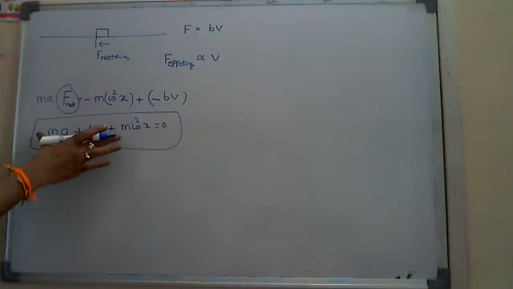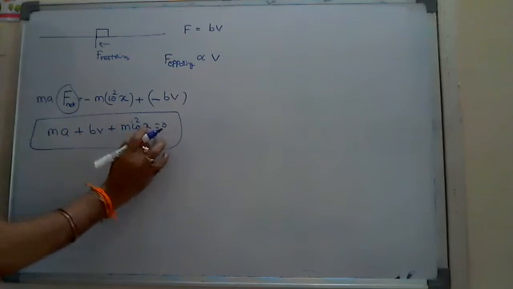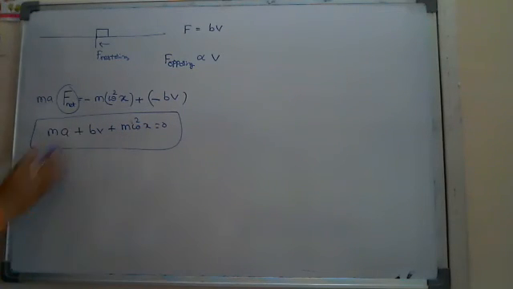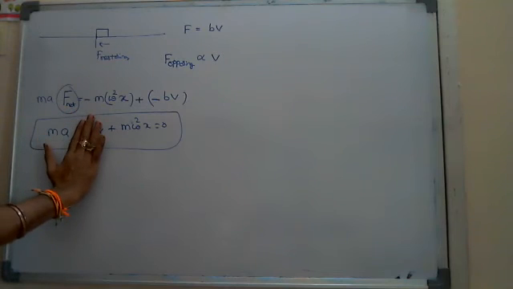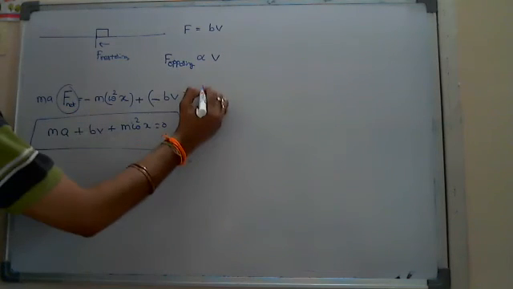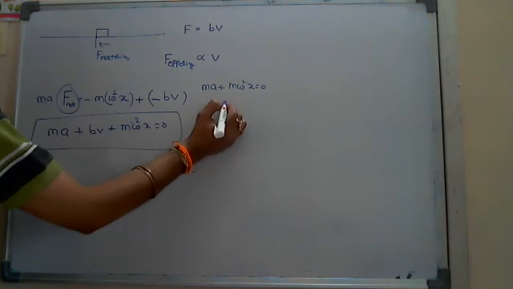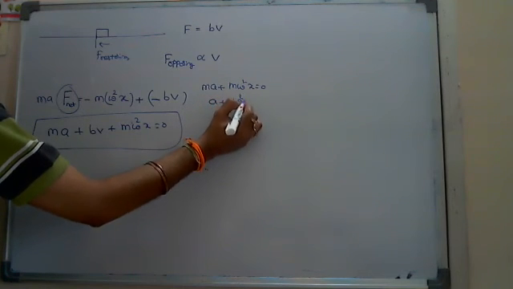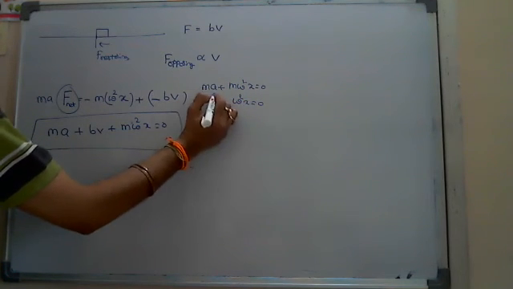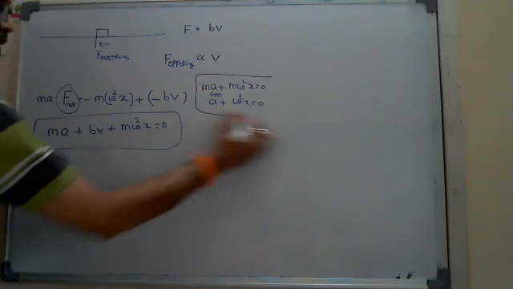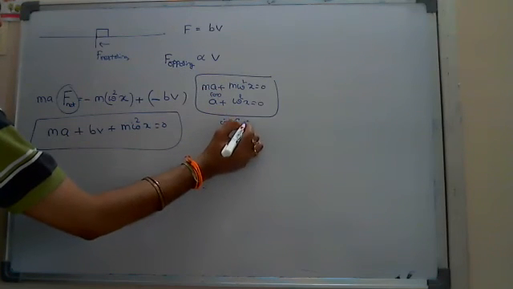If you write the equation like this, then the oscillations are damped. Suppose there is no viscous force, and if you write MA plus m omega square x is equal to 0, nothing but A plus omega square x is equal to 0, then this is in SHM.